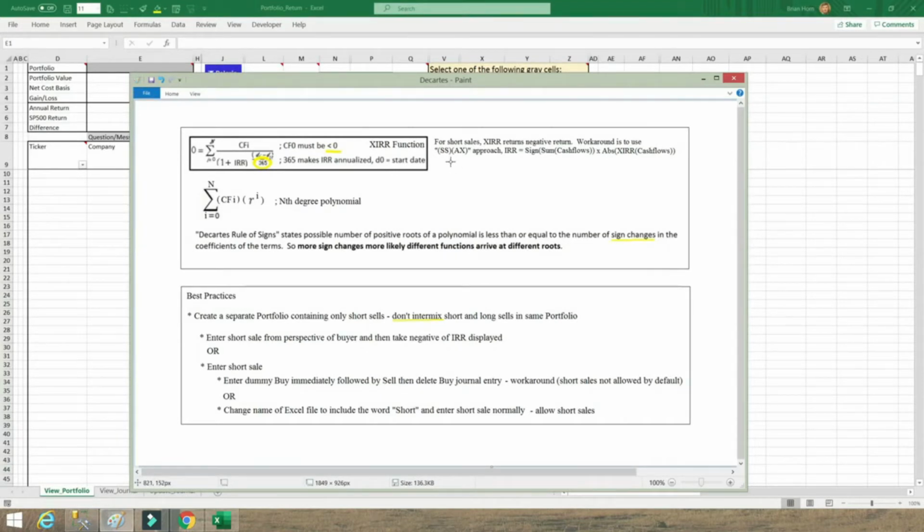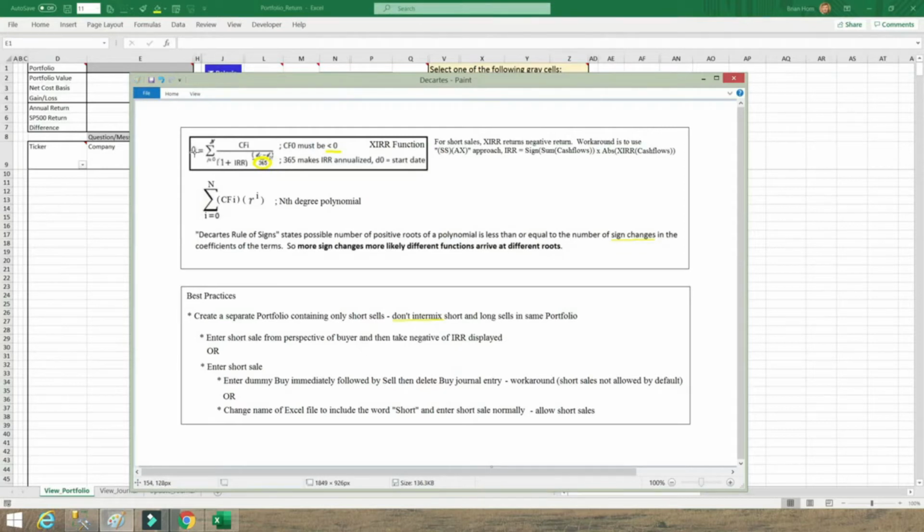The algorithm used by the extended internal rate of return function is shown here, and it's essentially a net present value of a non-periodic stream of cash flows, setting it equal to 0, and then the function provided by Excel will loop through until it finds an internal rate of return that makes this algorithm or formula equal to 0.